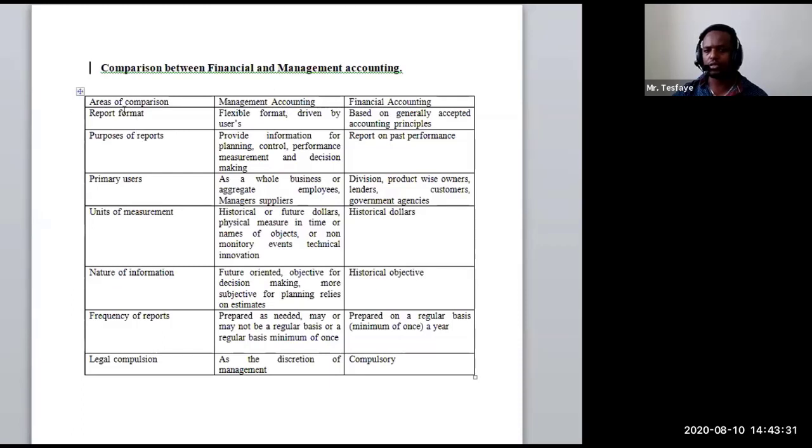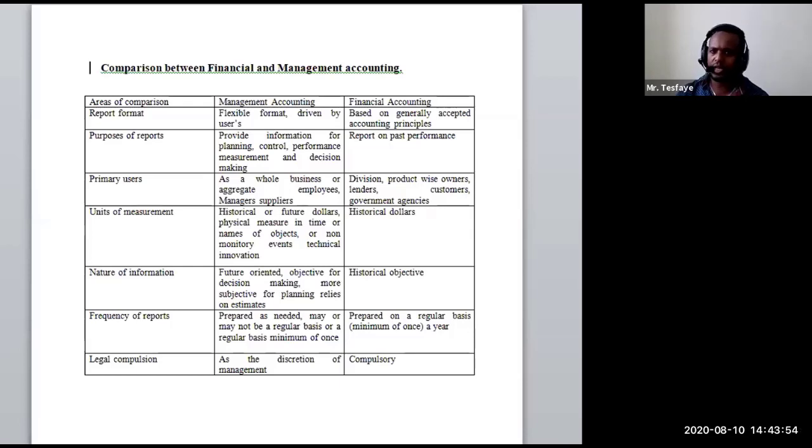Let us see the first one, report format. For management accounting, it's flexible, as I've said previously. It's for internal use. Anything that will help in decision making will be used as a source of information. So we don't need to have fixed formats; it's somewhat flexible.